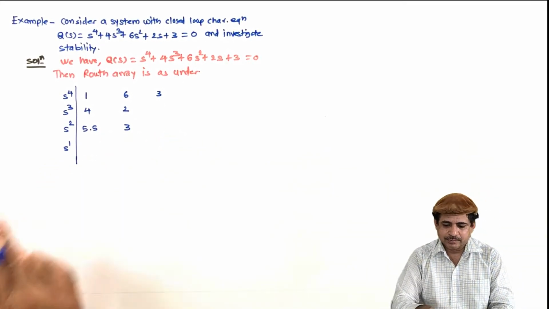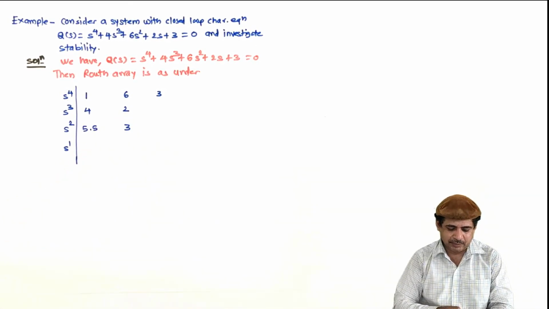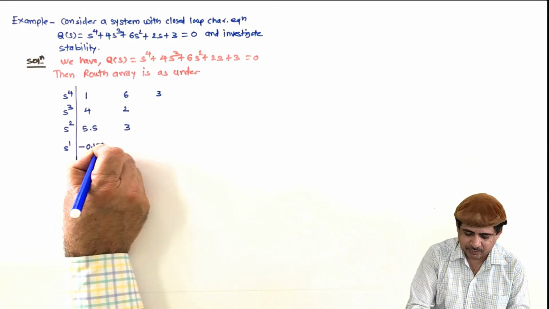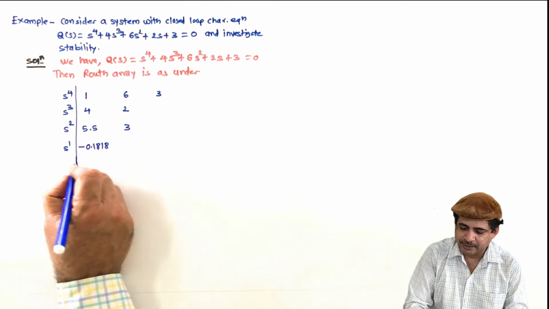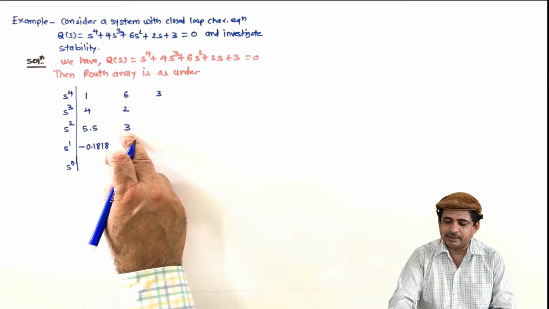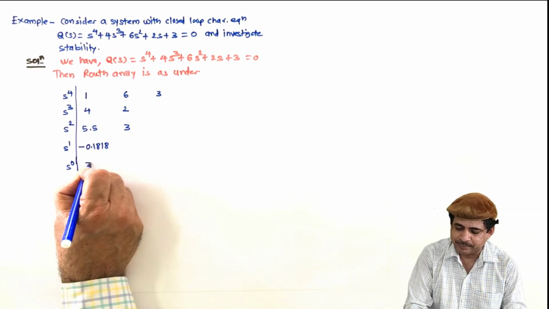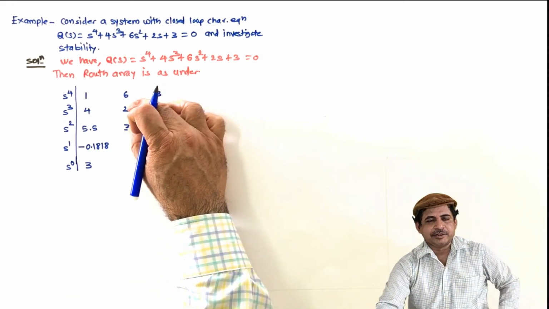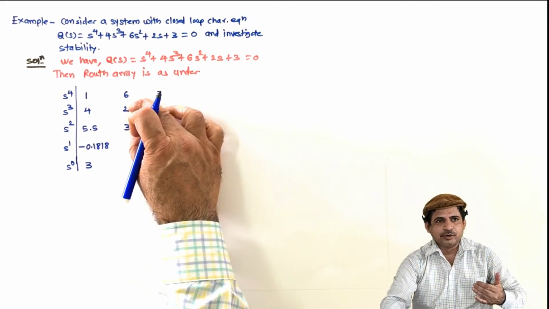This will be 5.5 into 3 is 11. 11 minus 12 is minus 1, divided by 5.5 is minus 0.1818. And in the column s raised to 0, this will be divided by this, it will be 3.